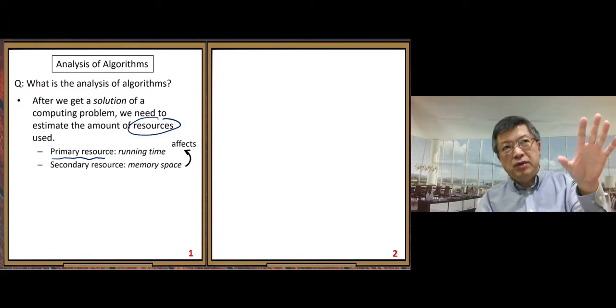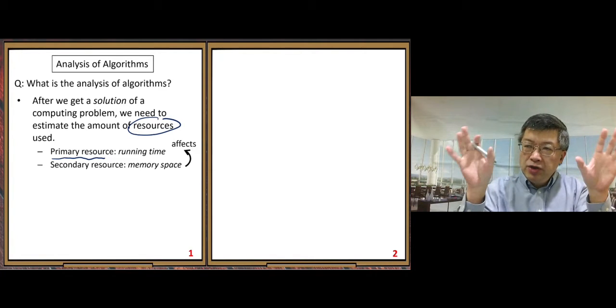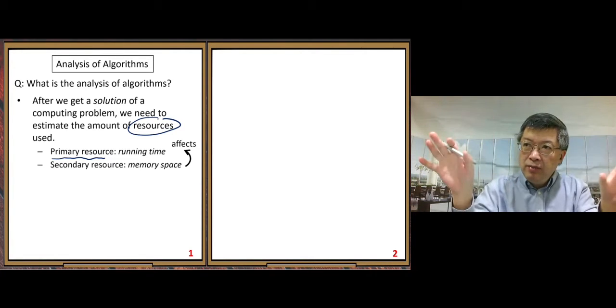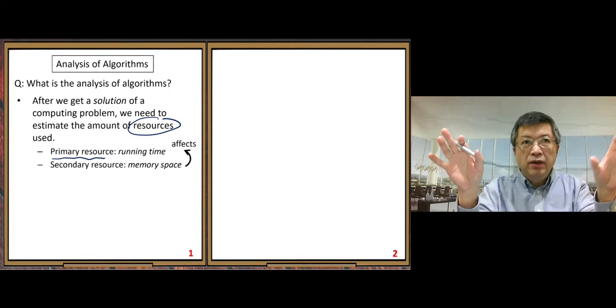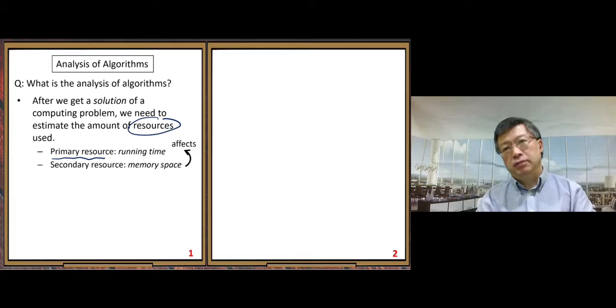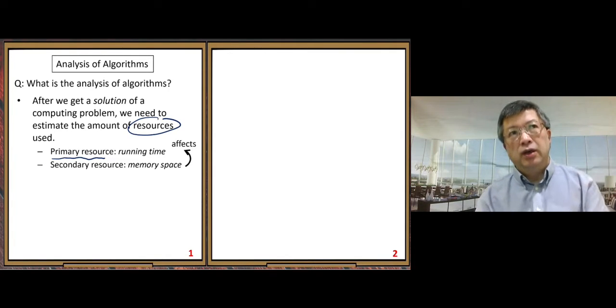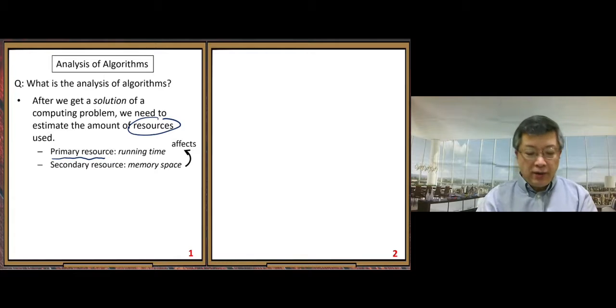For that reason, if the memory resource is used too much, then overall the performance, the running time efficiency, the response time will slow down. That's the reason behind it.